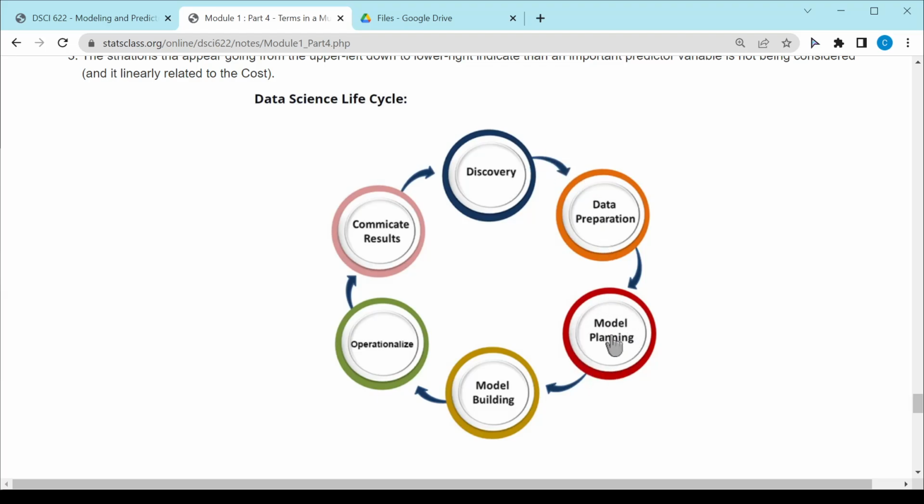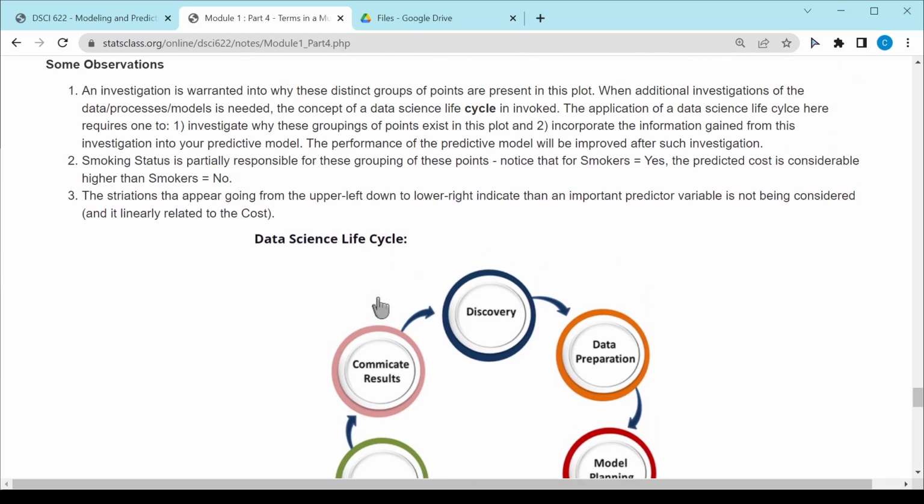Model planning is just deciding what predictors you want to use and what predictor terms you might include. Actually building the model, this is going to be in our software. Communication of results is just understanding what's happening with the predictions, doing your investigations about the quality of the predictions, things like that. And then that, again, feeds back into asking more questions about the data.